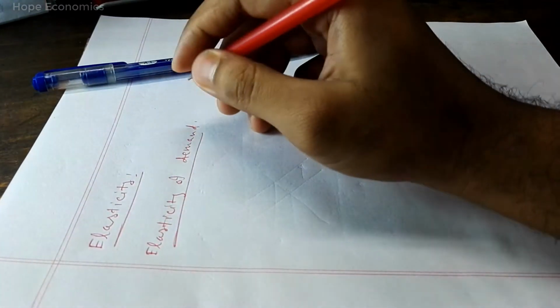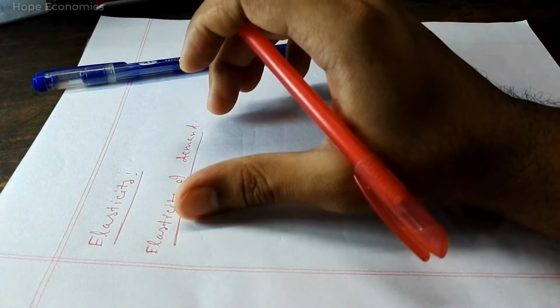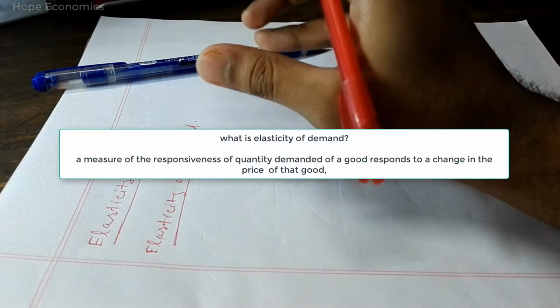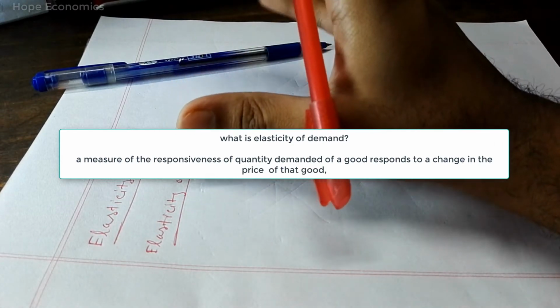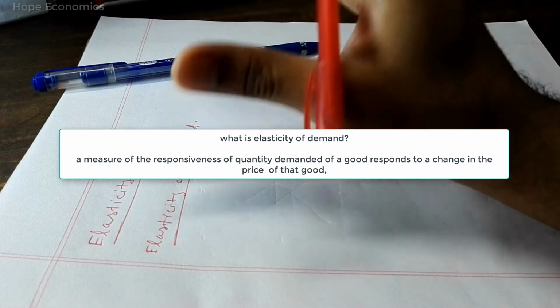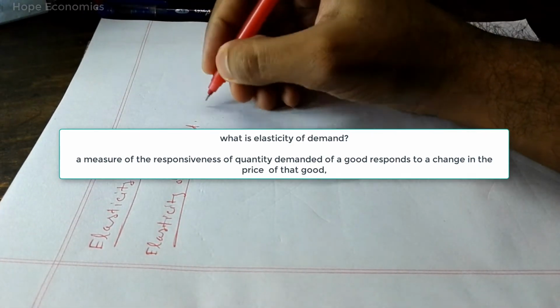The first thing that arises in our mind is, what does elasticity of demand mean? It means a measure of how much the quantity demanded of a good or service responds to the change in the price of that good, and it is computed as a percentage.